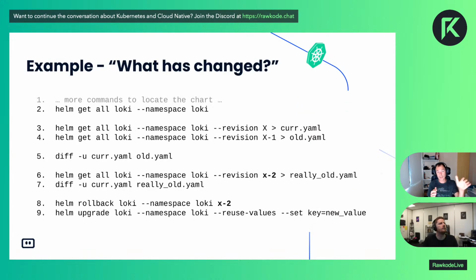This is that example. I even omitted a couple of commands to locate the Helm chart, but now let's say we found that we have this Loki chart in the Loki namespace. And to understand what has changed, if you're experiencing some problem and you want to understand what has changed in the recent releases of it, this is what you're left with. You need to generate these YAMLs, you need to store them into files, then you need to call diff on those files.